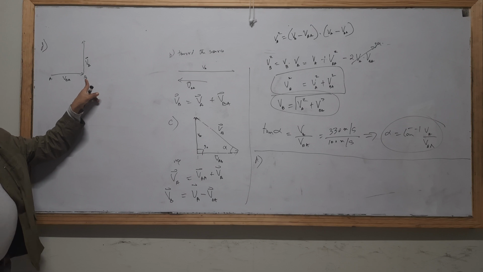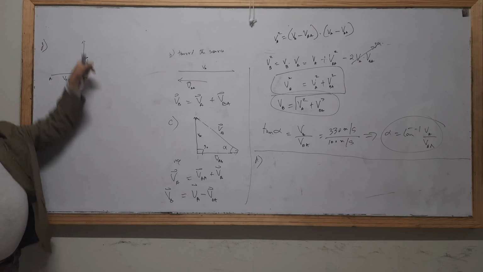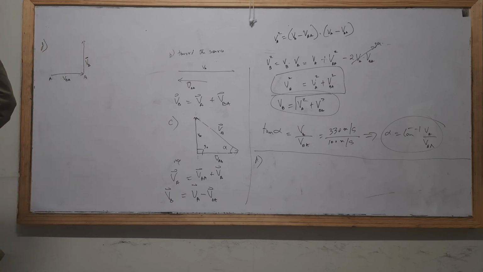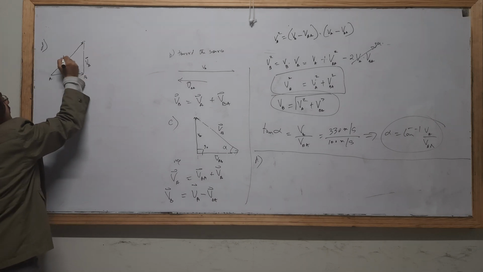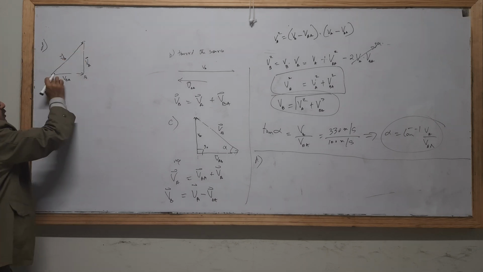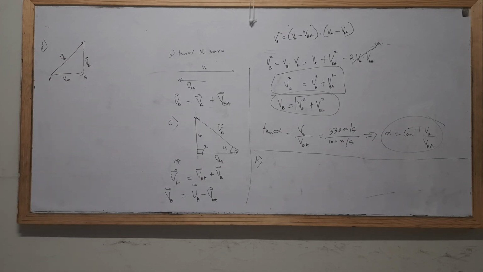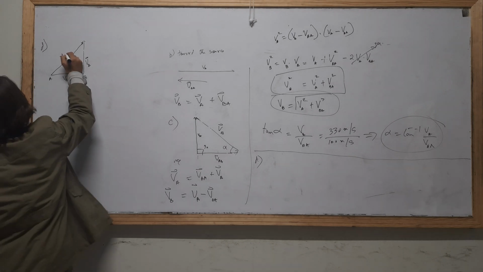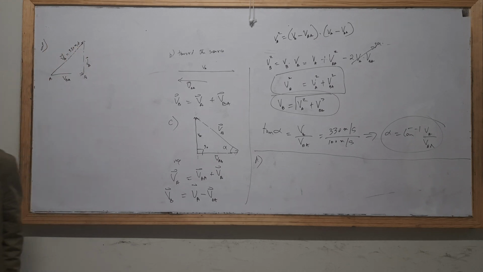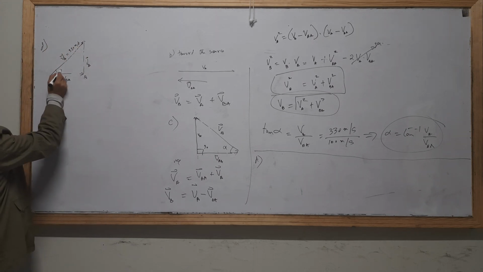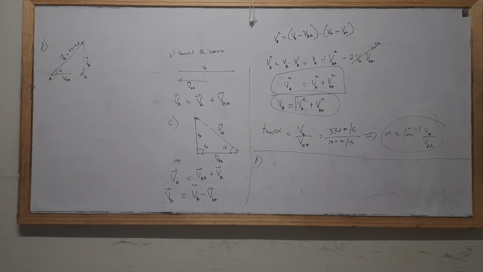Observer is feeling that the sound is moving upward, crossing over. So this will be the velocity of sound with respect to A, and this is given. Velocity of sound with respect to A is given, that is 330 meter per second. And that is making angle alpha.